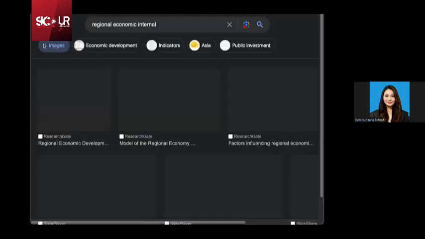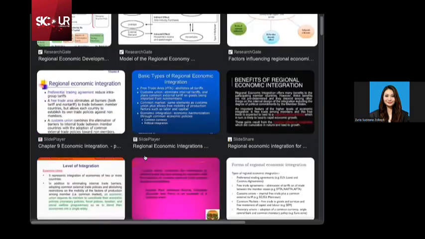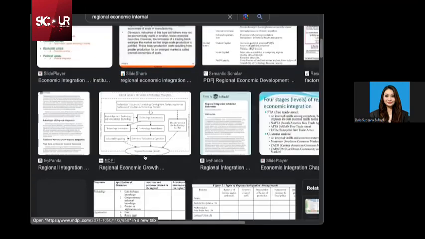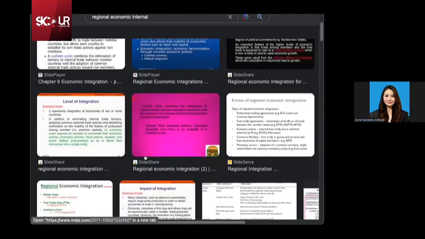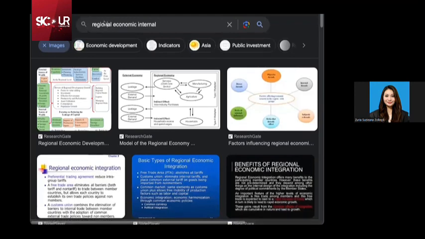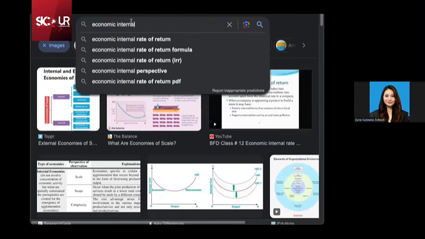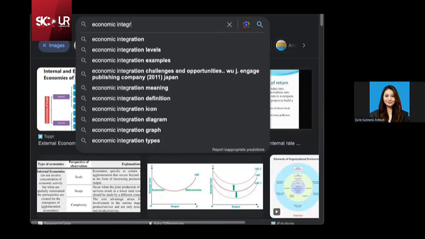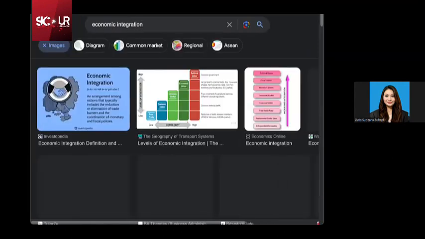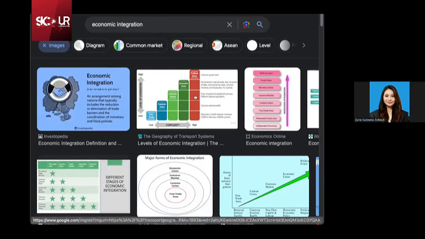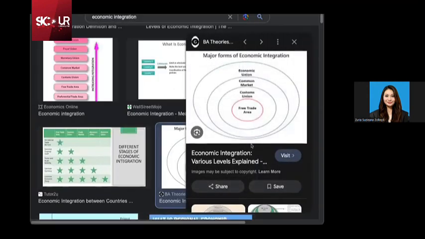I like to use this diagram. So we have economic integration.